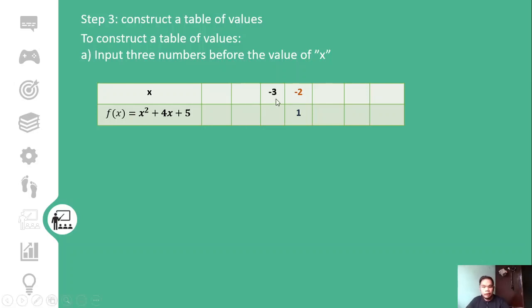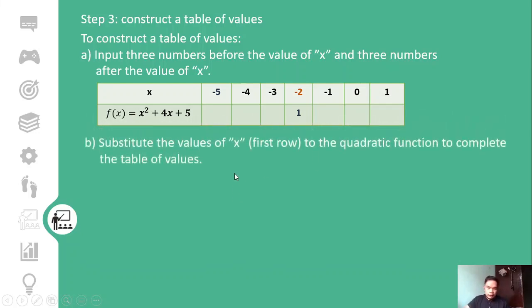We have negative 3, negative 4, and then negative 5. Okay, so after that, 3 numbers naman after the value of x. Going to input 3 values or 3 numbers after the value of x. So we have negative 1, 0, and positive 1.